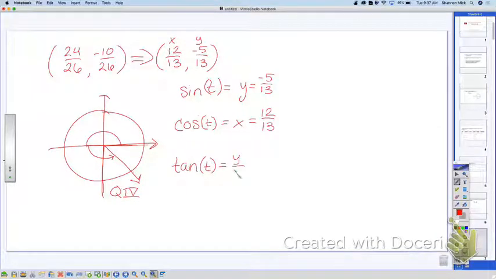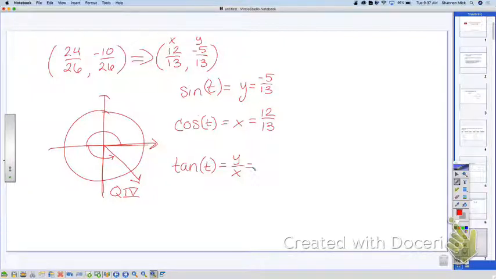Now, we're tempted to say x over y because we usually do x over y, right? Remember this, tangent is related to slope. You don't know how yet, but it is. How is slope? It's the change of y over the change of x, yes? Okay, so just in your brains, right now, make the connection between tangent and slope. Got it? That will help you remember y over x.